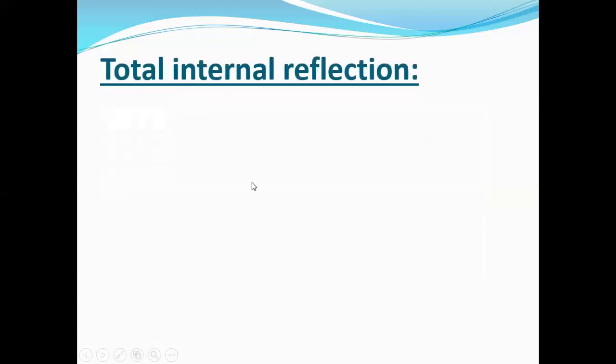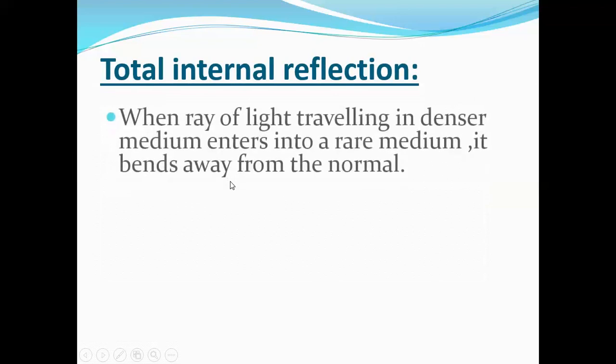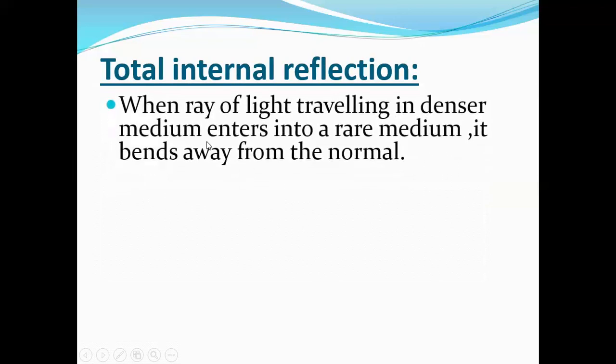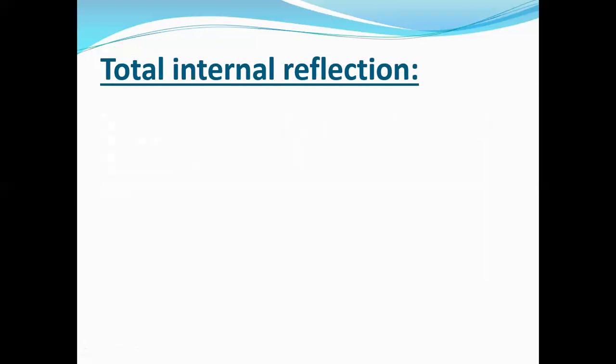Next, the process of total internal reflection. What is it? When a ray of light traveling in a denser medium enters into a rare medium, it bends away from the normal, just like the previous diagram.